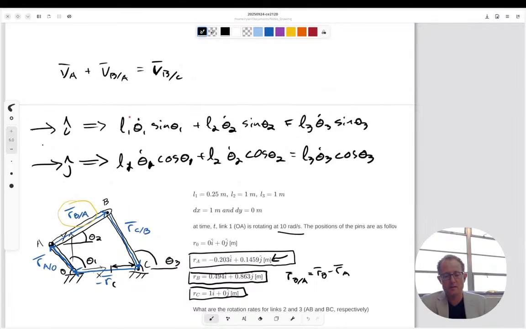So we can start right here and say theta 1 dot is 10, L1 is 0.25, and then start plugging in the rest of the values. And I'll let you do that to give yourself a shot, and also so you can correct all my mismatched math. Maybe keep track of the signs a little better than I did.